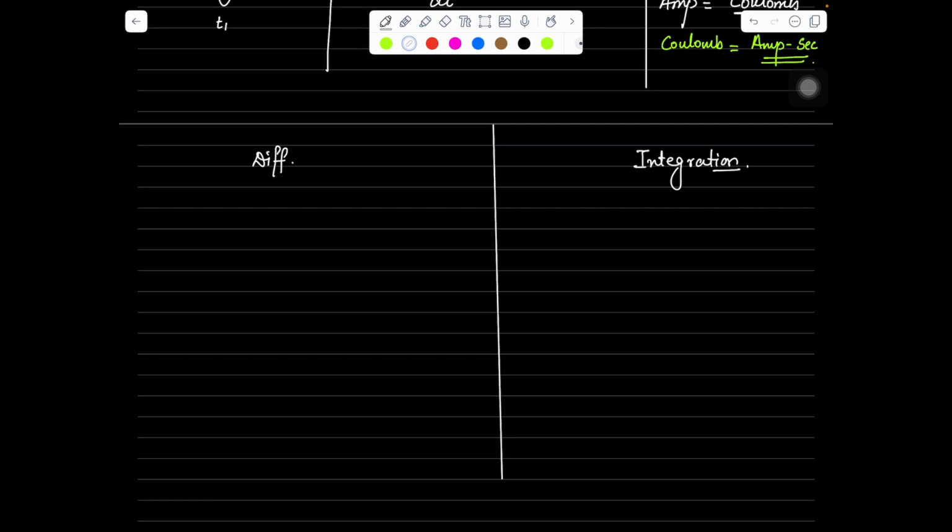Differentiation and integration. In terms of differentiation, we have a simple formula, y is equal to x raised to power n. What is the meaning of differentiation? Differentiation means to break down. Let's say you have a wall and you are breaking this wall down in terms of bricks: brick 1, brick 2, brick 3, brick 4.